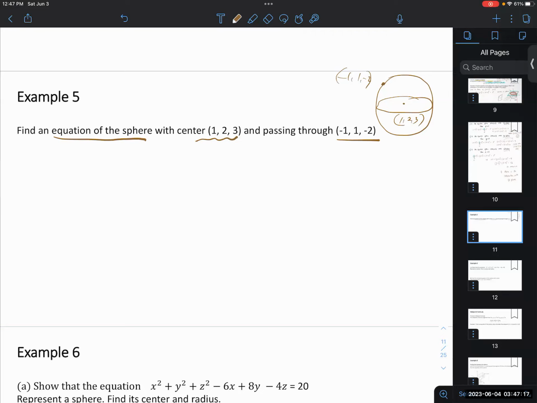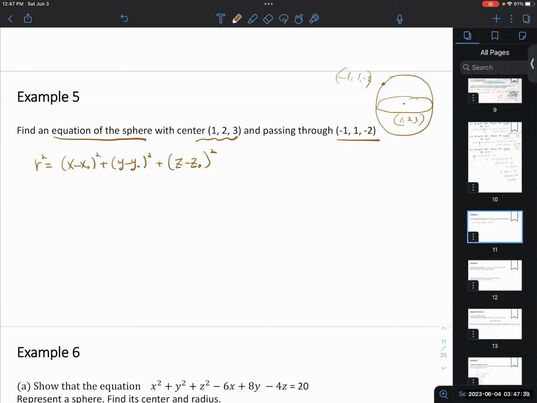So we know the sphere equation is going to be (x minus x0) squared, (y minus y0) squared, (z minus z0) squared. And then let's plug in all the given information, correct? If I'm plugging in, what are you going to get?